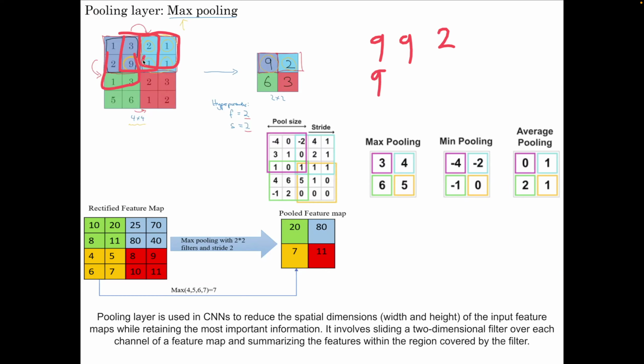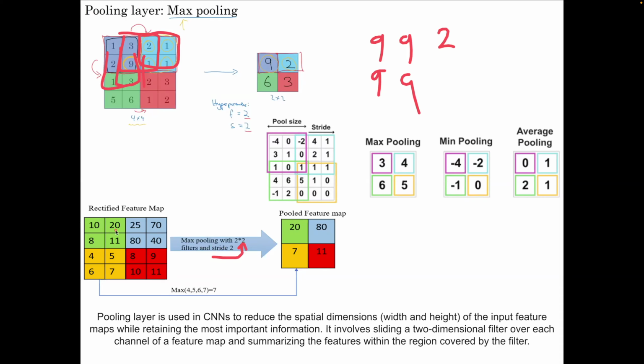Move one stride, which is this. The biggest is 9. So that's it, and with that, we can still get the most important values in our image. Most of the time, we always use a stride of 2 with a filter of 2 by 2.